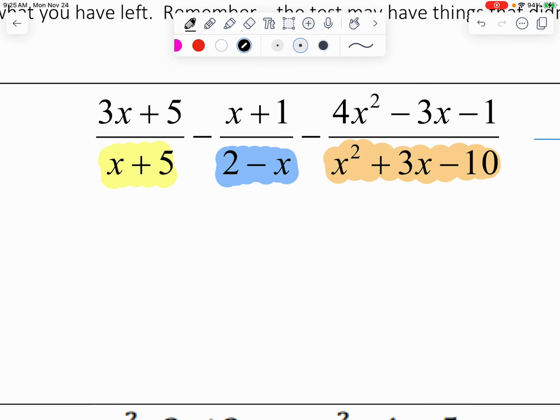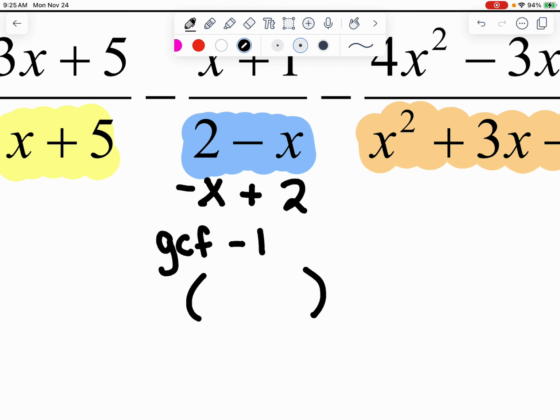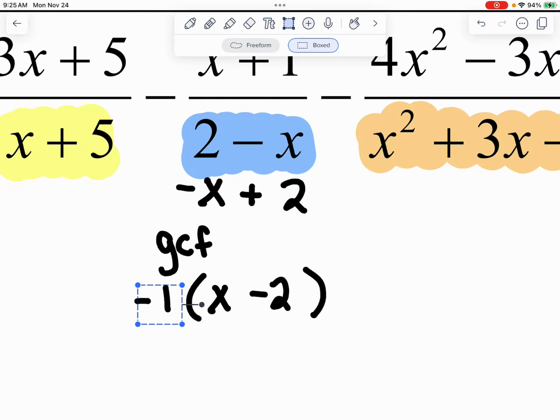Next, so the blue one, it should be written variable first, so the negative x and then the positive 2. And then you should notice a GCF of -1. And when you pull that -1 out, it becomes a positive x minus a 2. So the blue will factor to a -1 with an x minus 2.